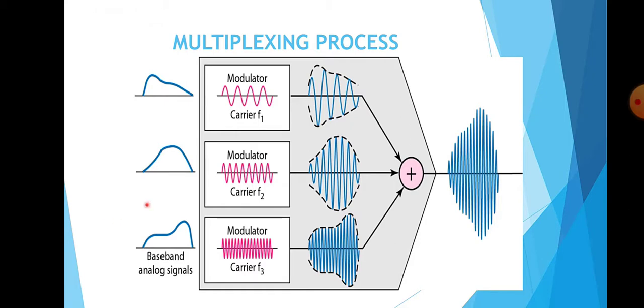Here we can observe that we are having the baseband analog signals as input, and the modulator will modulate the signals with different carrier frequency signals like F1, F2 and F3. Those signals can be combined here in order to generate a single composite signal. This single composite signal can be sent out over a media link.